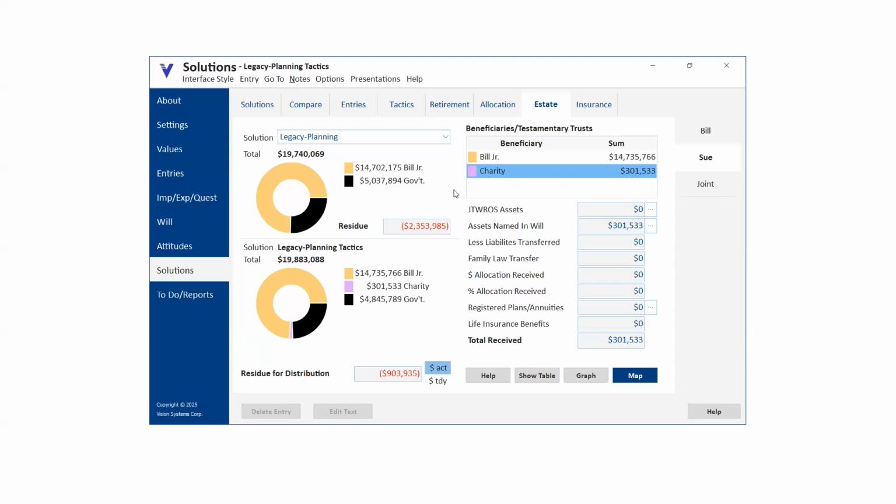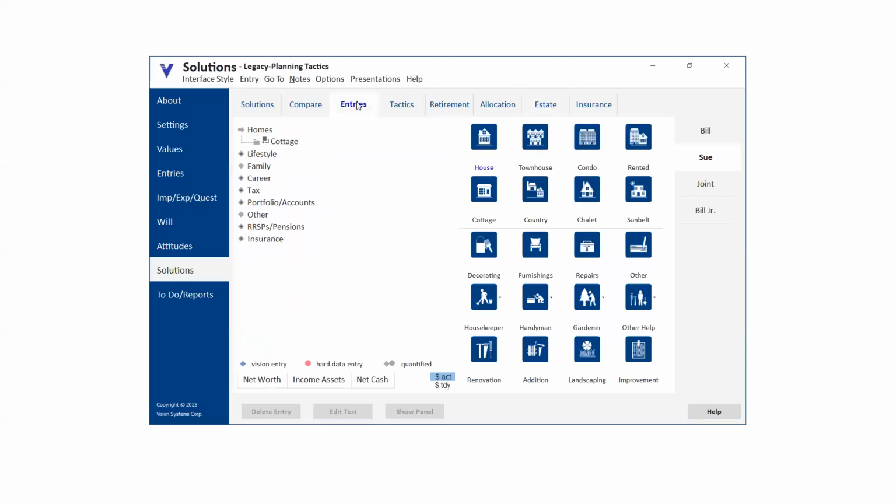What I want to do now is just look at a few other things that are not included in the optimizations, simply because they're kind of different choices.